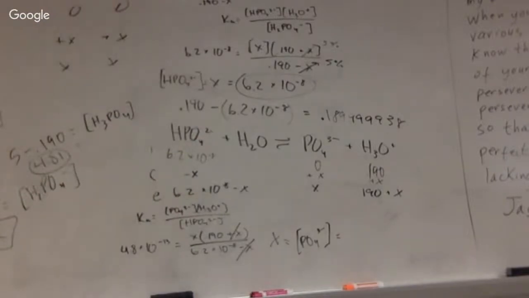They didn't ask you to figure out the pH after these 3 steps because we know it's going to be almost identical. You're absolutely right. The X in the H3O plus in all 3 steps is going to be incredibly close to 0.190. The reason we're actually doing these 3 steps is because they asked us in the problem, by the way, tell us the concentrations at equilibrium of HPO4 2 minus, H2PO4 minus, and PO4 3 minus.